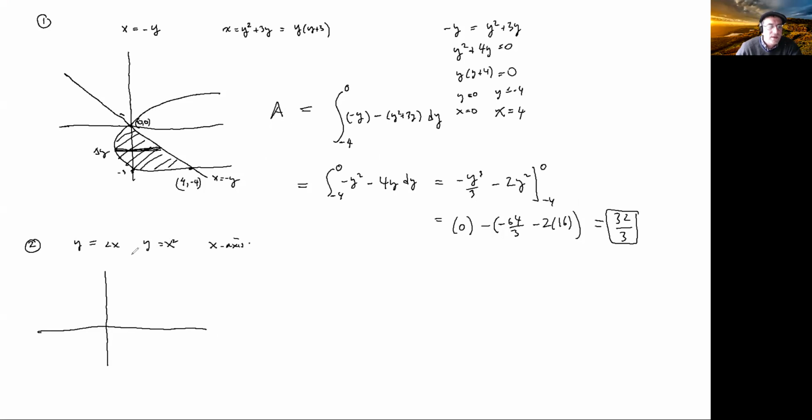How does that work? y equals 2x is a line of slope 2, so it roughly looks like this. And y equals x squared is a parabola that looks like that. We're taking this bounded region, I'm not going to shade it in, and rotating it around the x-axis to form a solid. Now let's take a little strip of thickness delta y, and let's rotate it, and you get a washer shape.